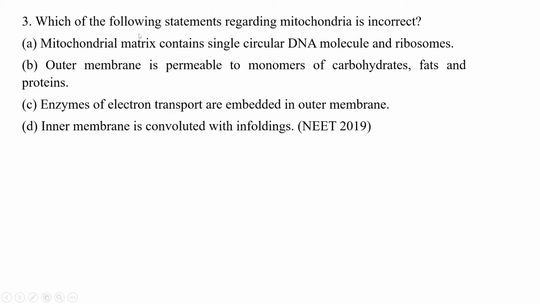Which one of the following statements regarding mitochondria is incorrect? Here you also have to find out the incorrect statement. So let's first read the statements. Option A, mitochondrial matrix contains a single circular DNA molecule and ribosomes. Option B, outer membrane is permeable to monomers of carbohydrates, fats and proteins. Option C, enzymes of electron transport are embedded in the outer membrane.